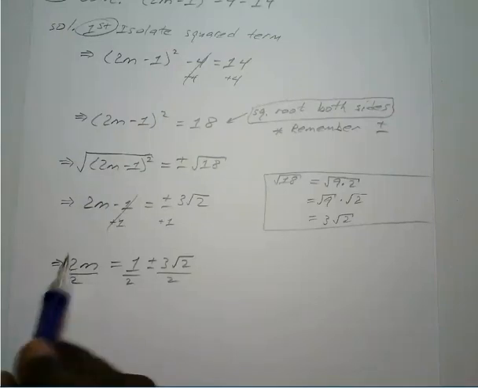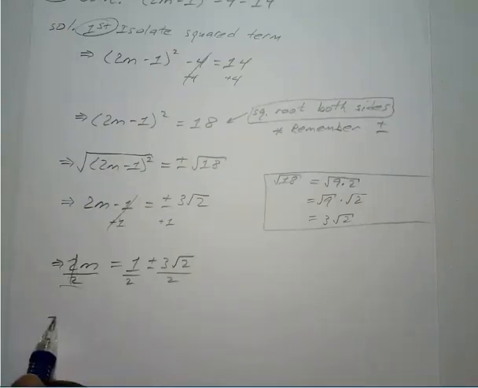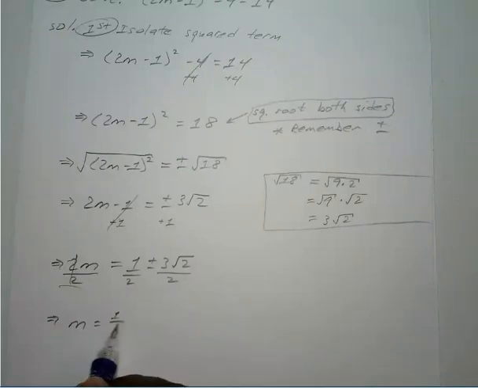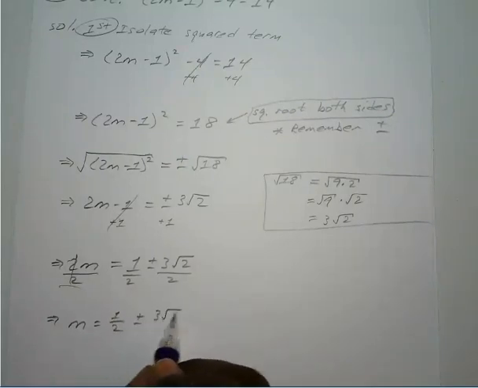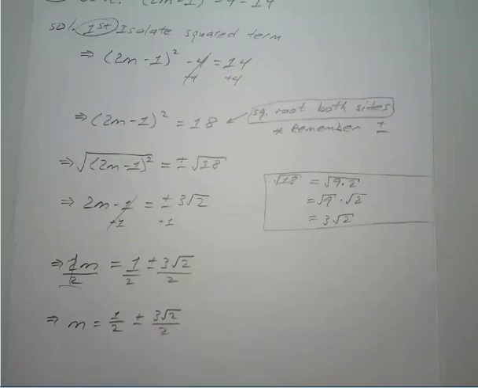Okay, so anything divided by itself is just 1. So we have m is equal to 1/2 plus or minus 3 square root of 2 over 2.